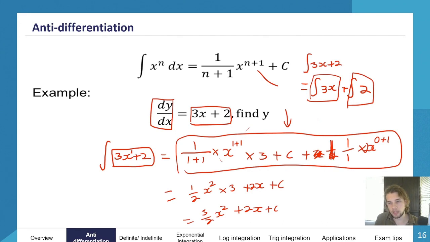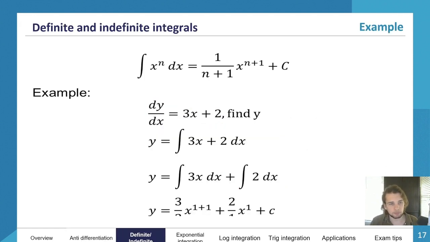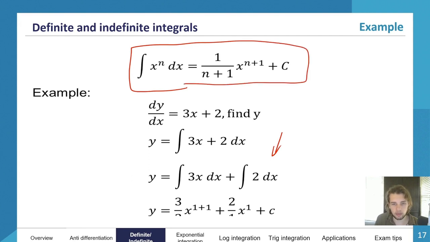Each one would have its own c, but that culminates in one c because c is any constant value, so any two c's lead to one constant value because they can add together. Over here they used that strategy. They split it into two to make it more obvious that you can utilize this formula.